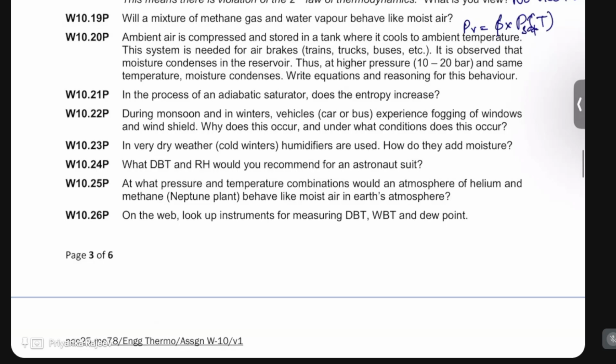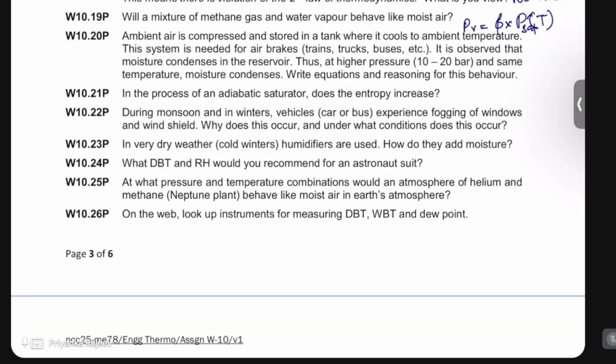Next is, what DBT and RH would you recommend for an astronaut suit? The comfortable temperature that we consider is around 21 degrees centigrade, and moderate RH around 30 to 40 percent relative humidity. That is what is required for life support.